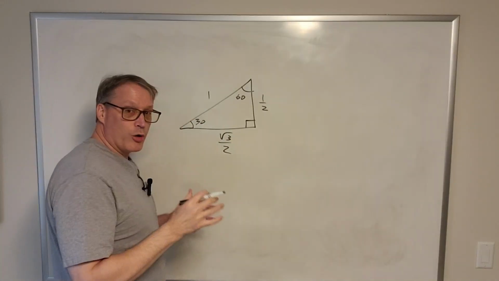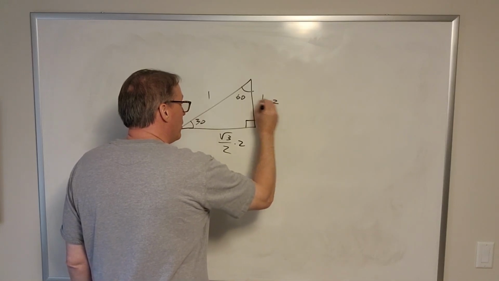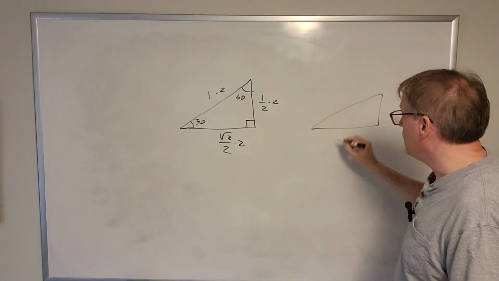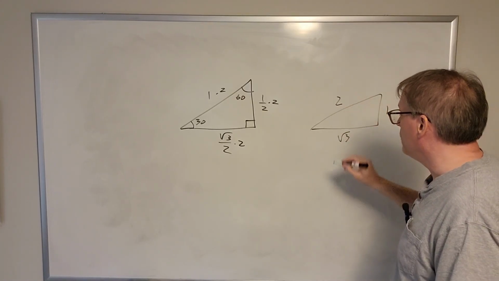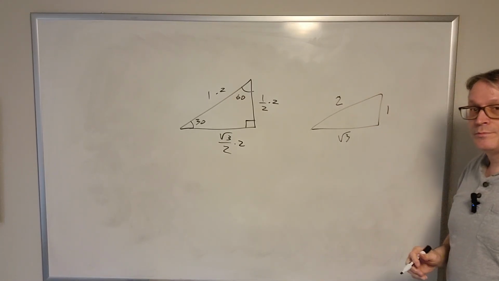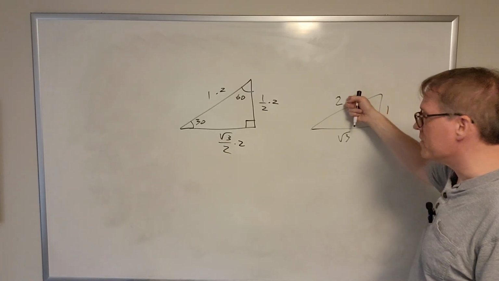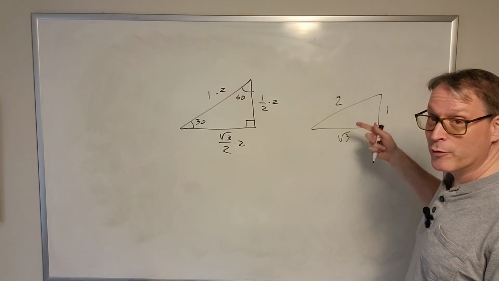A more helpful way to think about this one sometimes is if you just scale it up by a factor of 2. And this becomes root 3, 1, and 2. So if you see a triangle where this side's basically half the size of this one, you just need to know you need to multiply this by root 3 to get whatever it is.